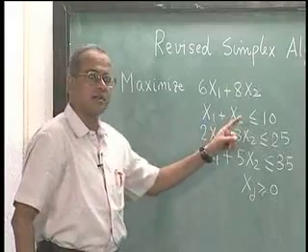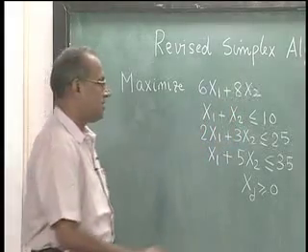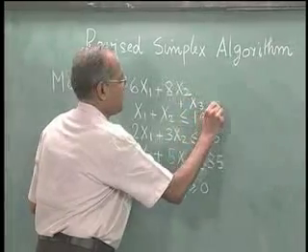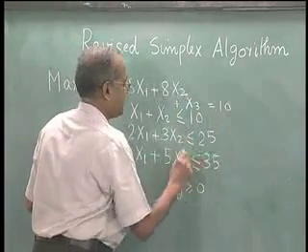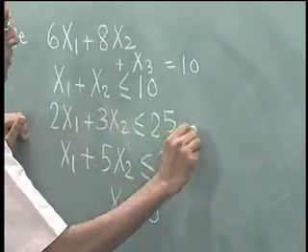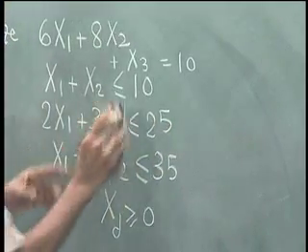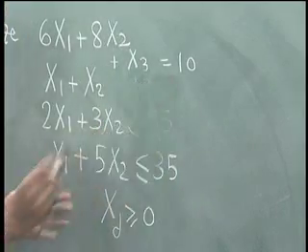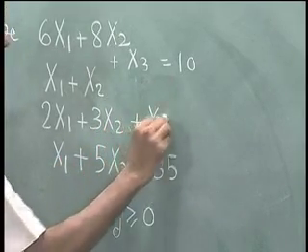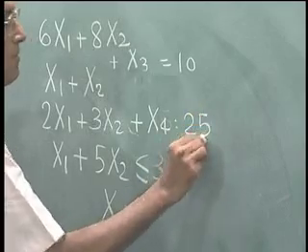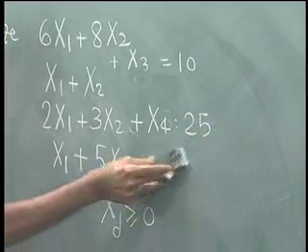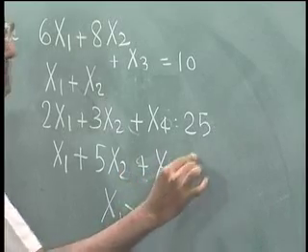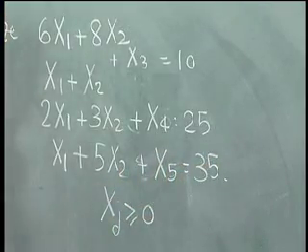So, we first convert these inequalities to equations by adding slack variables: plus x3 equal to 10 instead of this, plus x4 equal to 25, and we add a third slack variable plus x5 is equal to 35.